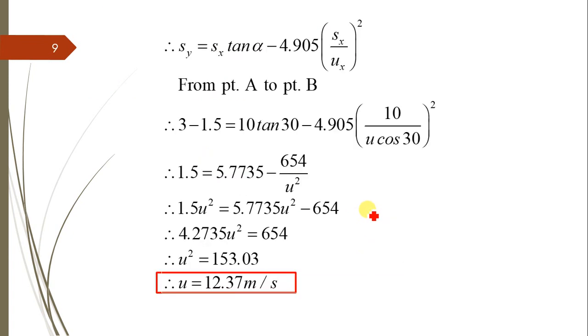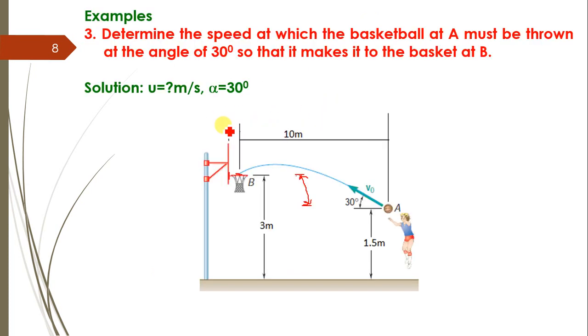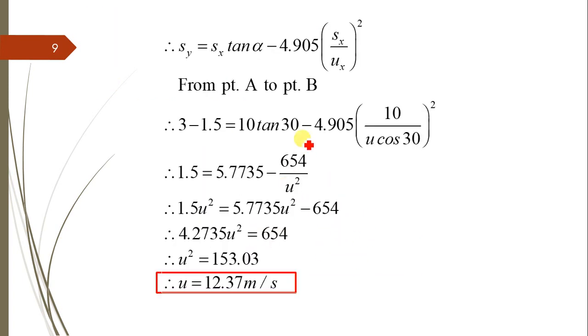Again, applying the trajectory equation, Sy equals Sx tan alpha minus 4.905 Sx divided by Ux, in brackets squared. Considering the motion from point A to B, the vertical displacement is 3 minus 1.5, which is 1.5, equal to Sx, the horizontal displacement 10, into tan 30, minus 4.905 times 10 divided by u cos 30, in brackets squared.